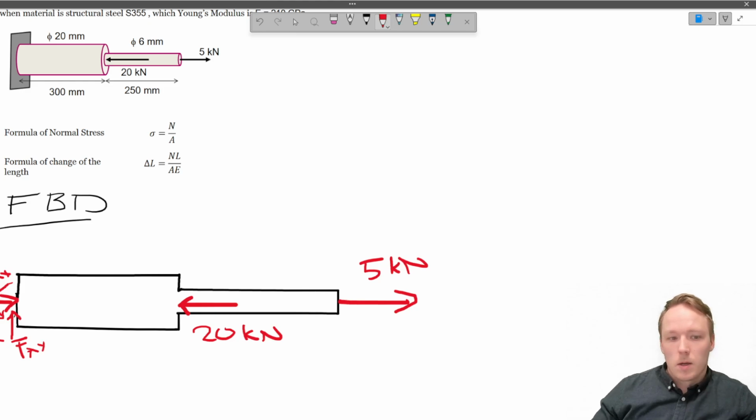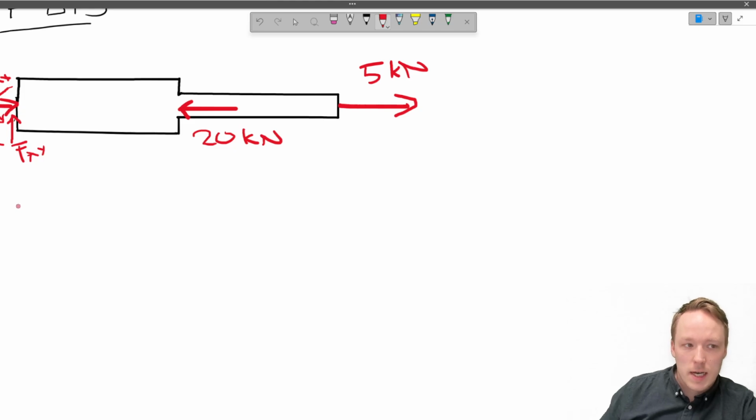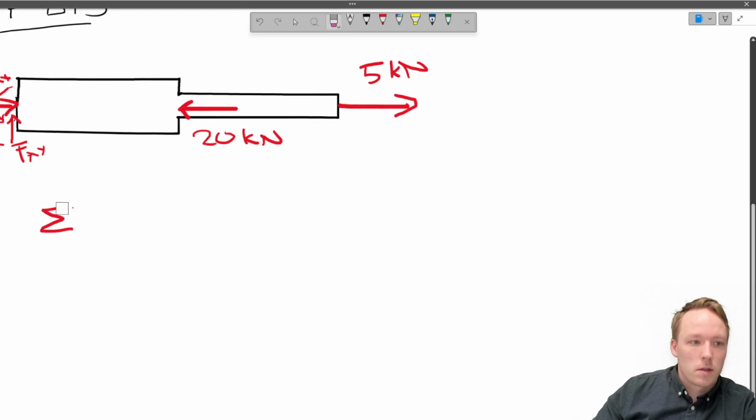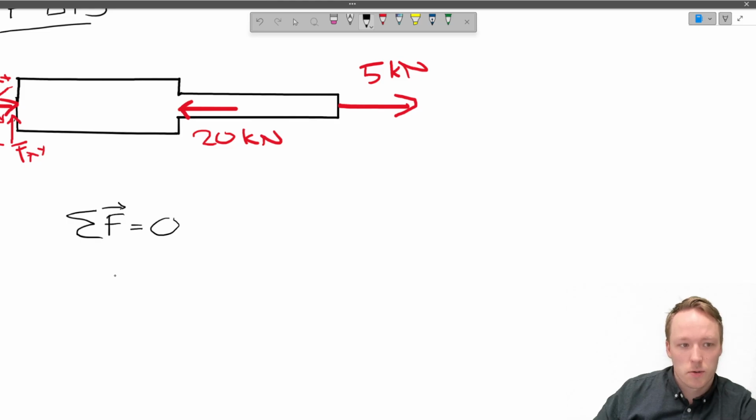Right? Well, what happens next? When we have an equilibrium state, so we know that this part is in equilibrium, we can form the three equilibrium formulas, which are as follows. Let's change the color once again. The bar must be in equilibrium: the sum of all the forces in the horizontal direction has to be 0.